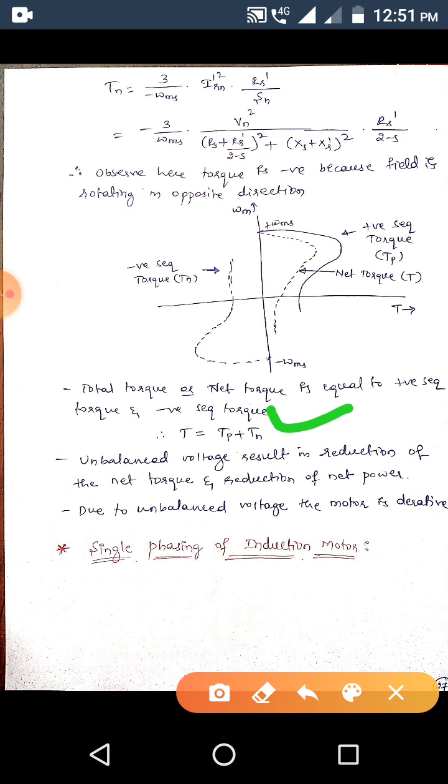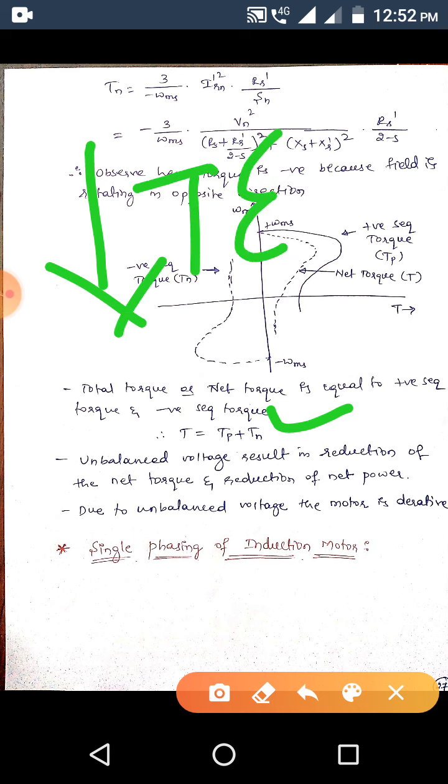So what we are going to observe here is that unbalanced voltage results in reduction of the net torque and the reduction of the net power here. So if the three phases are unbalanced, we'll get the reduced torque and the reduced power here.